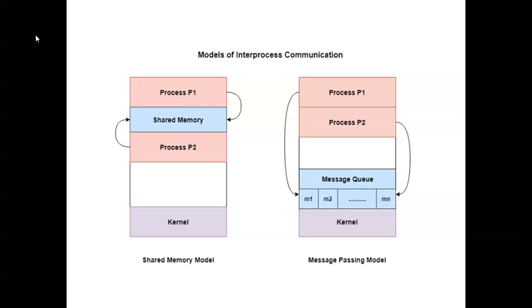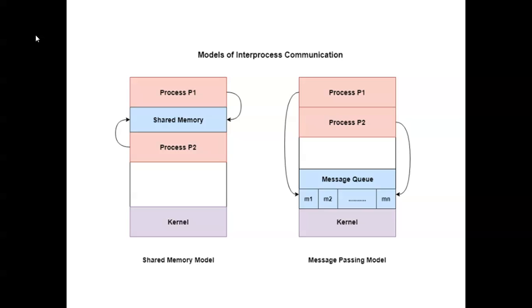Here you can see the diagram of the shared memory model and the message passing model. In the message passing model, there is process one and process two. They have data, and the data will be sent to message queue 1, message queue 2, up to message queue n.